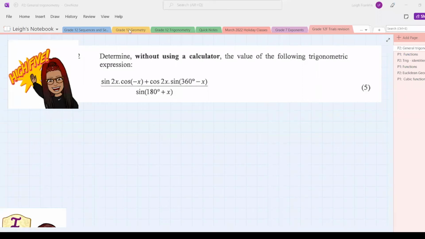No general solution here, Amantle. It's just simplifying the trigonometric expression. Okay, Tsonola, no problem.